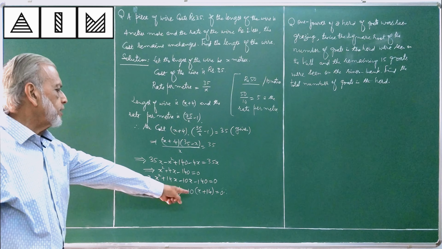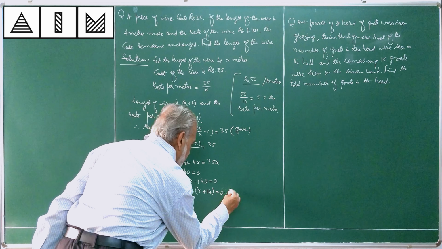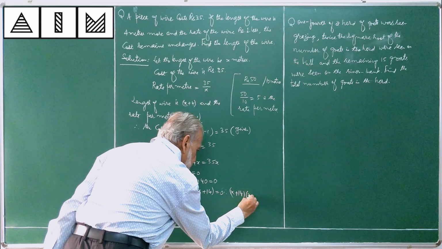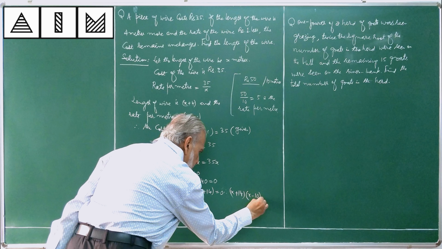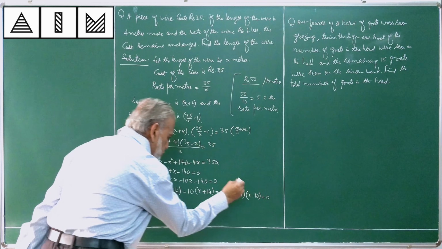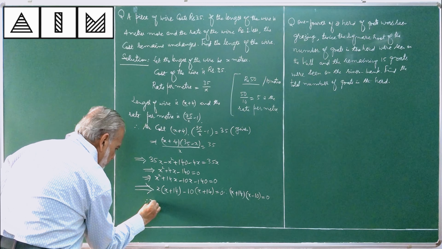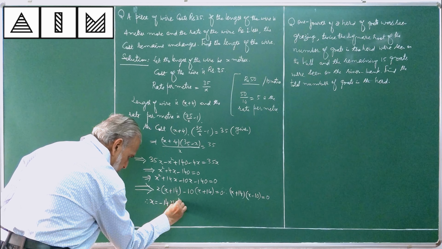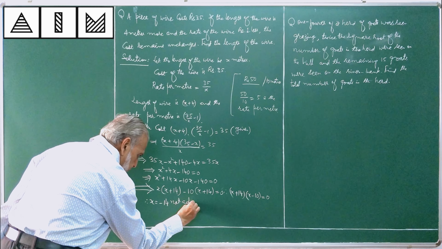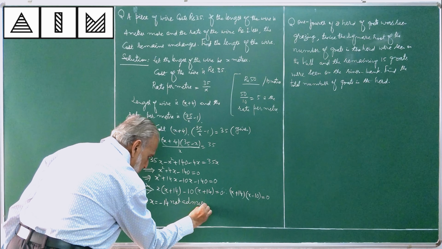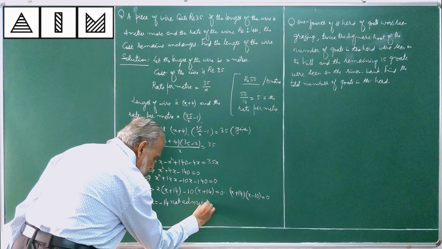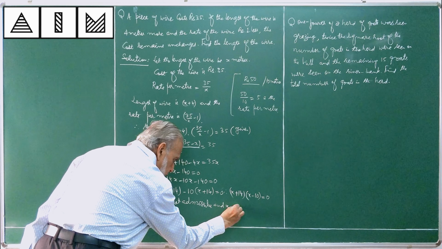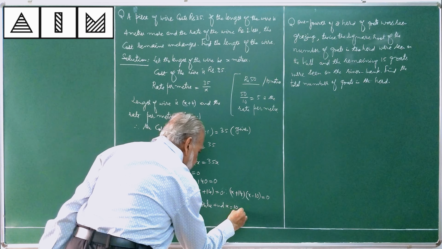X plus 14 into x minus 10, x plus 14 common, x minus 10. This will give you x is equal to minus 14, not admissible because this can't be the length of wire. And x is equal to 10, the length of wire required.